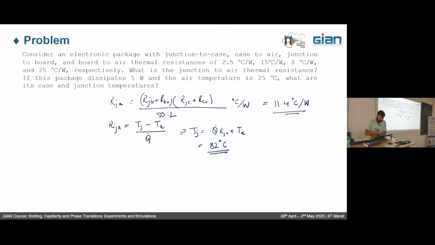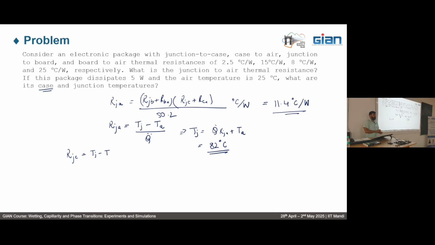So we are now being asked to find the case temperature. To find the case temperature, what we know is the thermal resistance between junction and case, and we know the junction temperature. It's again simple. So we can simply write R between junction and case is equal to temperature of junction minus temperature of case, divided by Q. But before that, we also need to find how much heat transfer occurs to the case.